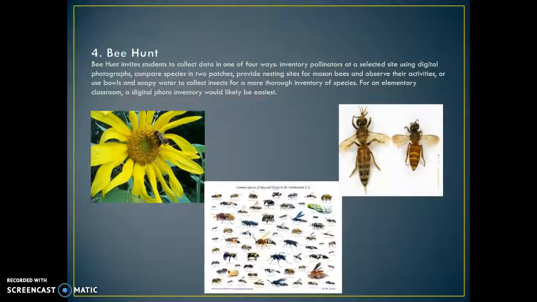The other one is the Bee Hunt, and for elementary school students, a digital photo inventory will likely be the easiest. They can study parts of insects, and why we need bees, and you can connect it to science and math and everything in between.